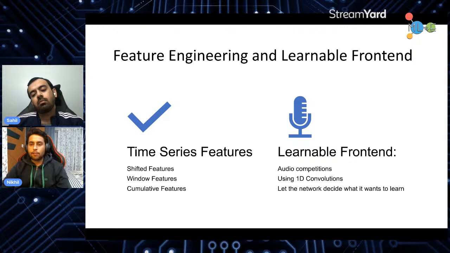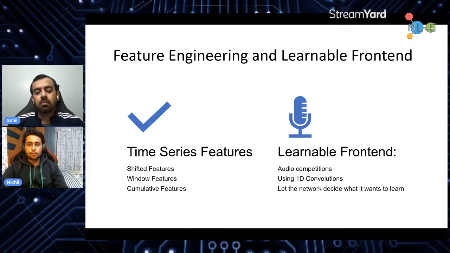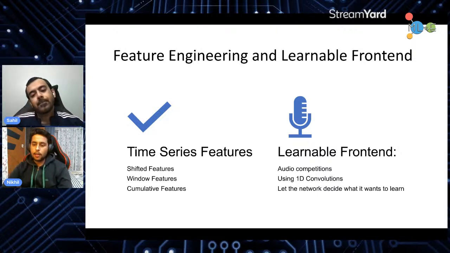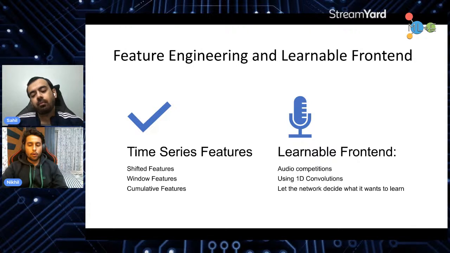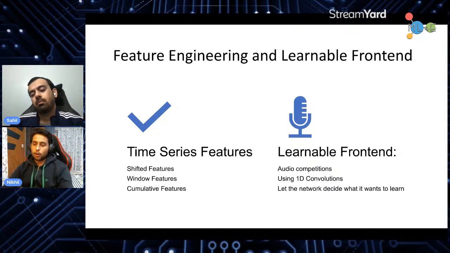Say I was applying a window feature: I was aggregating the past 3 values, but there I was applying some fixed kind of aggregation, like mean, median, max, or mode. But what a CNN helps us do is automatically decide what it wants to learn. It could be some crazy combination like 3x plus 4y plus 5z, or something even more complex.